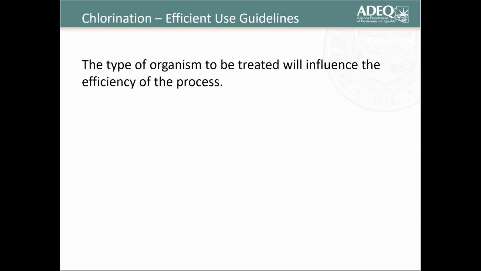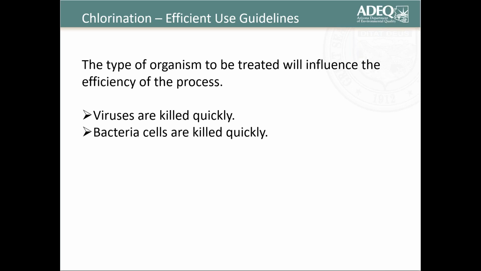Now, as we consider efficiency and effectiveness, let's consider the type of organism that's going to be treated, because that's going to influence the efficiency of the process. There are some organisms that are easier to kill with chlorine and some that are very difficult. So first of all, viruses are killed quickly with chlorination.